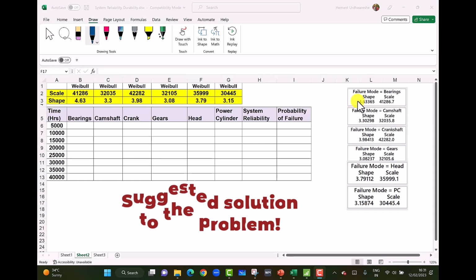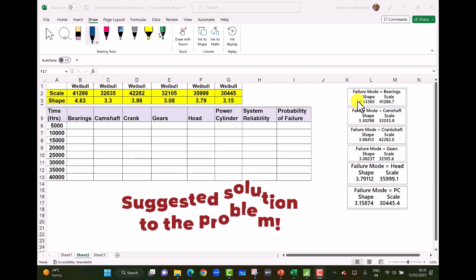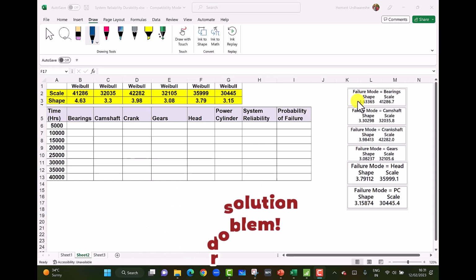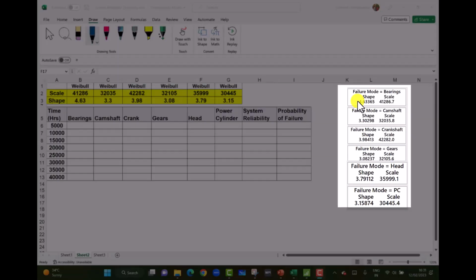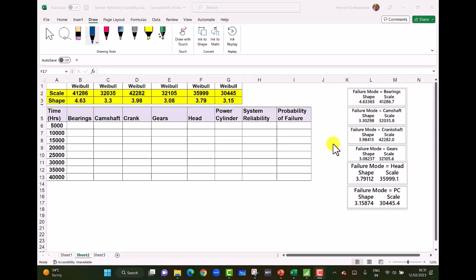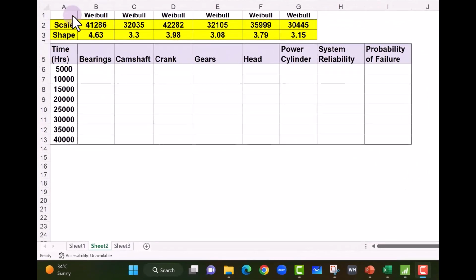Hello friends. In the problem statement, it has been mentioned that there are 6 failure modes and a live data analysis or Weibull analysis of all these 6 failure modes has been given. The same is summarized in this worksheet as shown on the right side. Based on this information, let us create a worksheet as shown here.